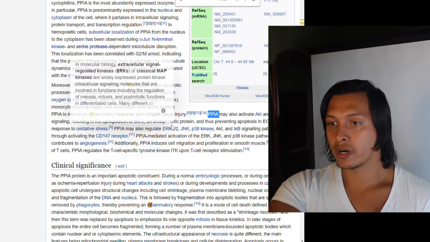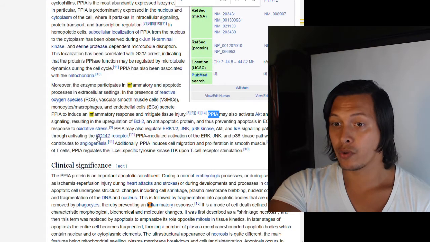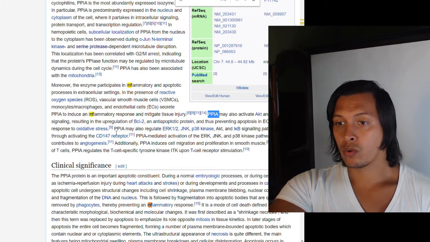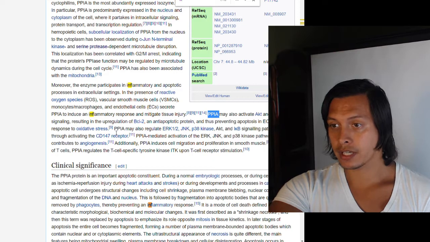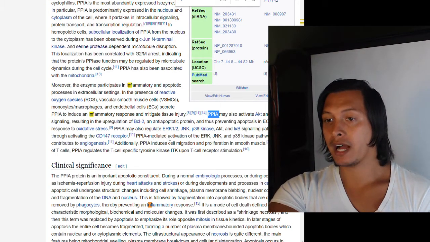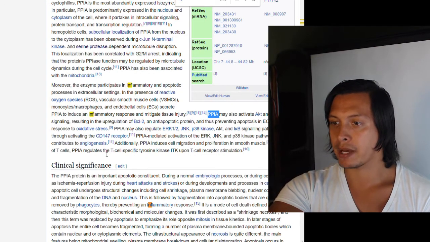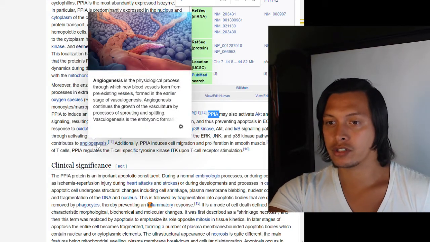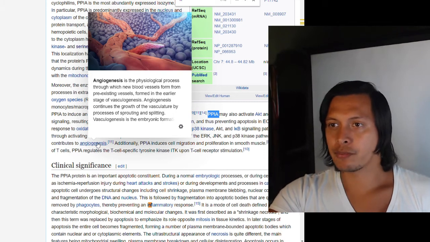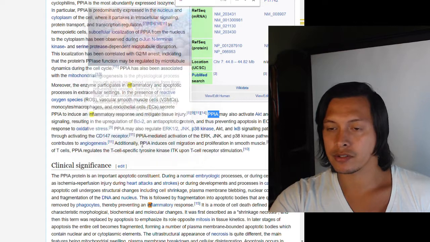PPIA may also regulate all of these other things through activating the CD147 receptor. PPIA-mediated activation of ERK, JNK, and P38 kinase pathways also contributes to angiogenesis, or the spreading of blood vessels.